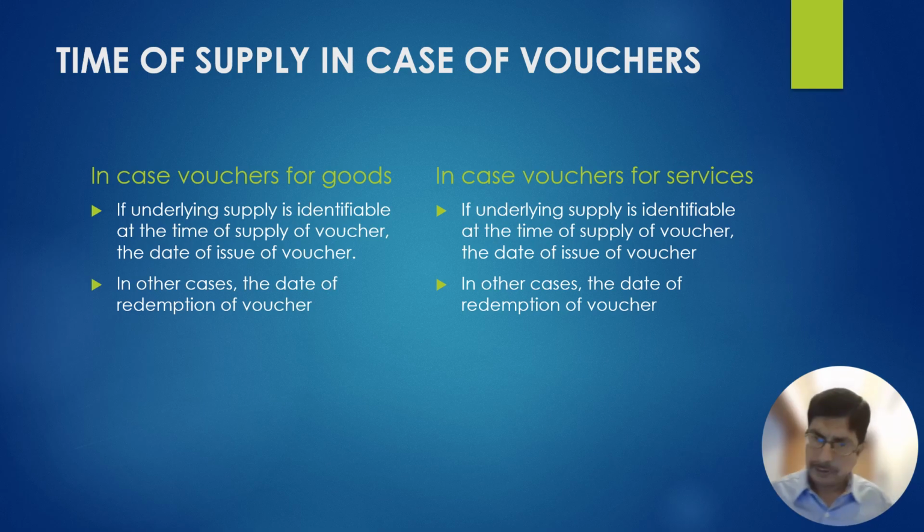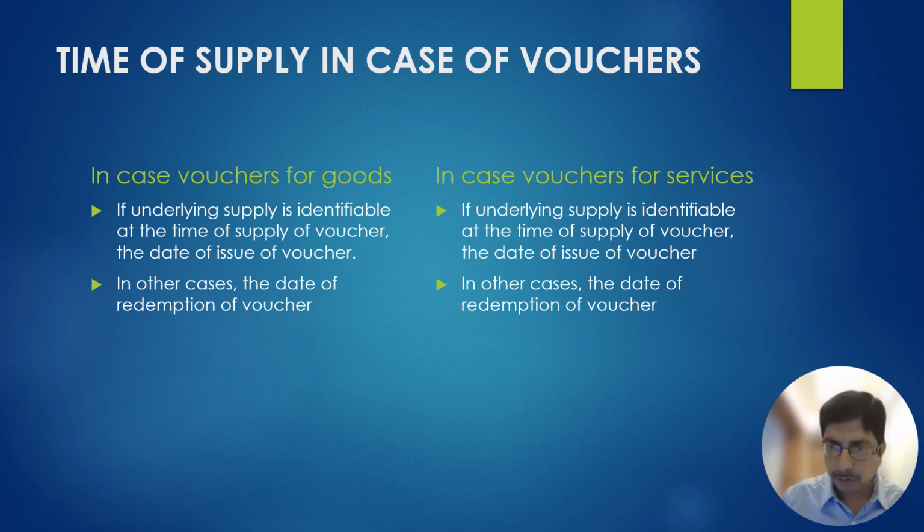Let's take an example: in the telecommunication industry, they issue a voucher of rupees 100 or rupees 500, which can be used only for calling and data, that is internet services. So in this case, the time of supply is the date of issue of voucher, because for what purpose it can be used is determinable on the date of issue of voucher.